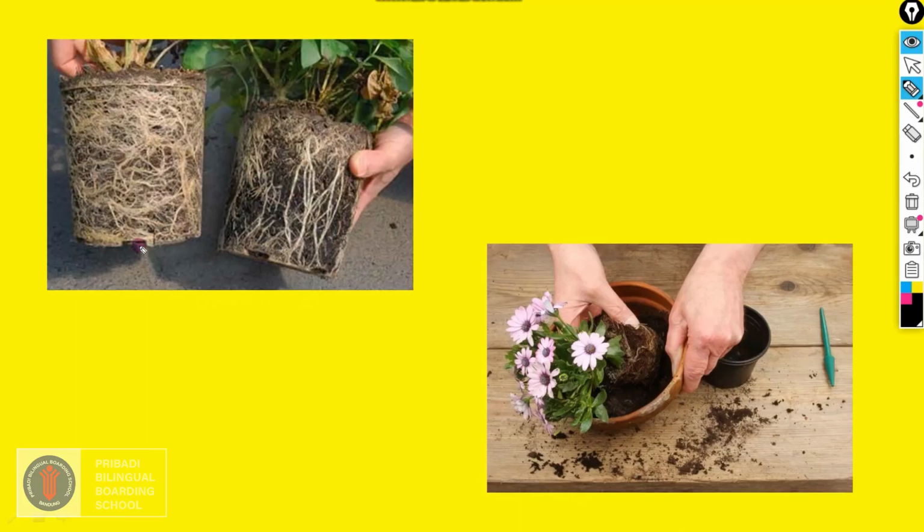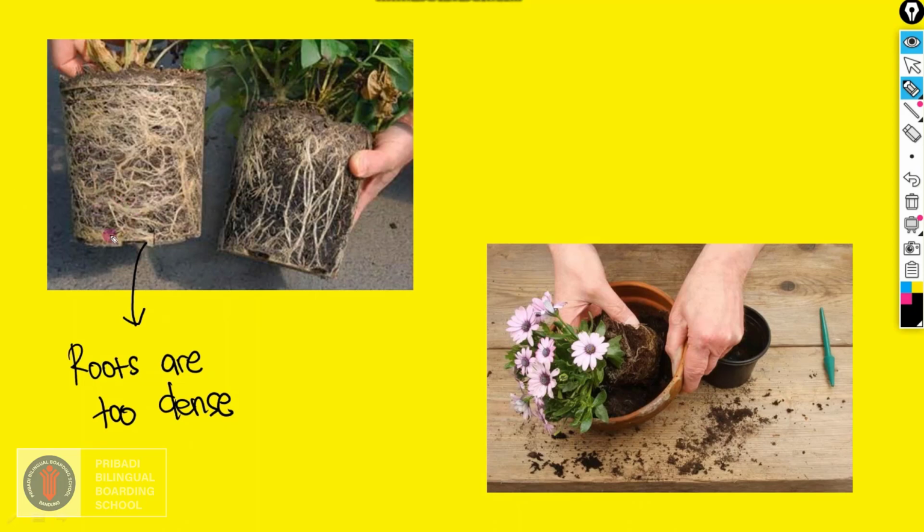Okay. Talking about the unhealthy plants, we also have the condition where the roots are growing too dense. So when the roots are growing too dense, later they will not be able to absorb the water, because there is not enough space here.